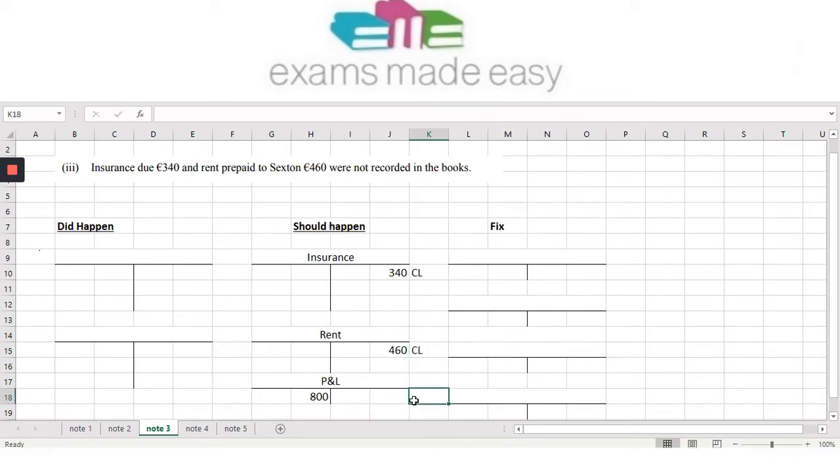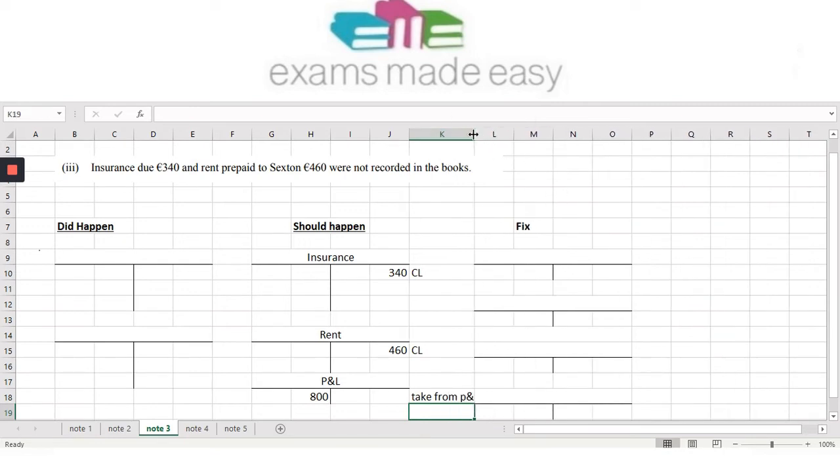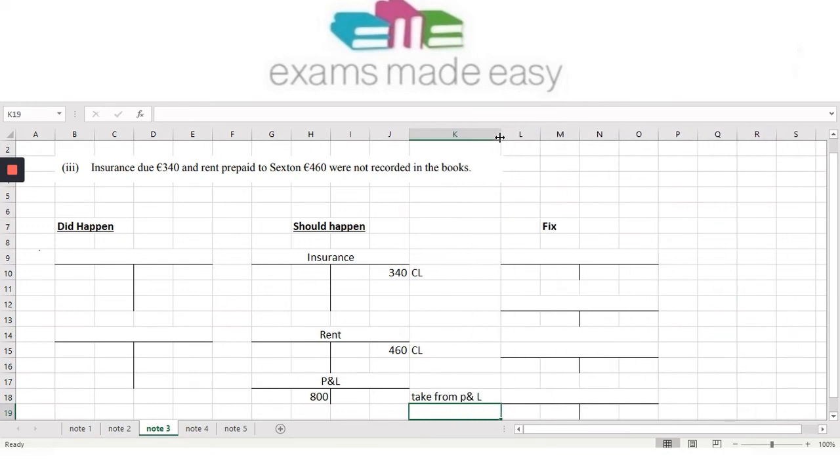The P&L is on the debit side, so you take from P&L. We'll just highlight that in yellow. 340 current liability, 460 current liability, 800 take that away from P&L.